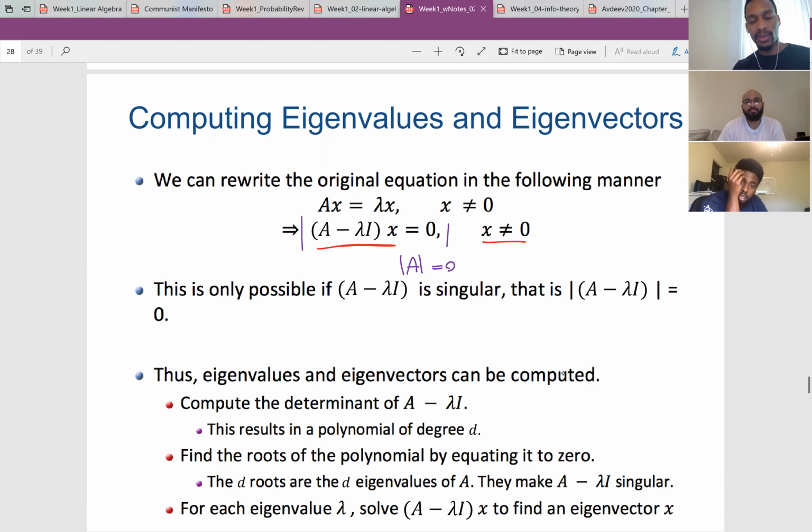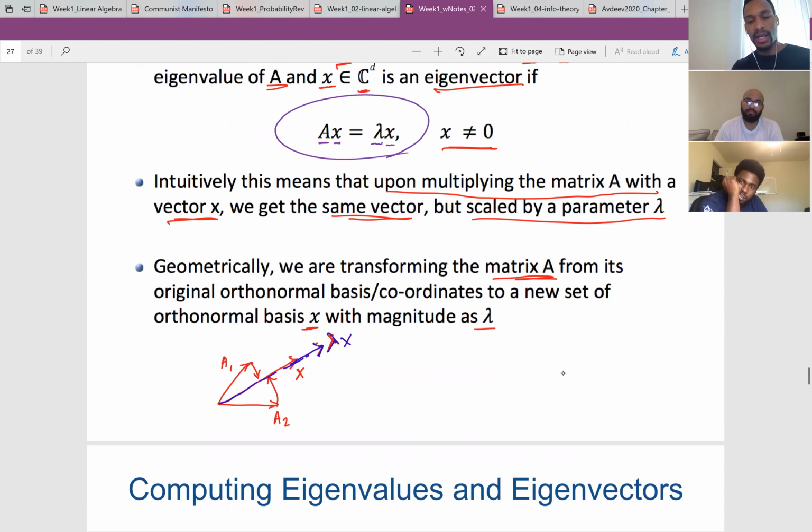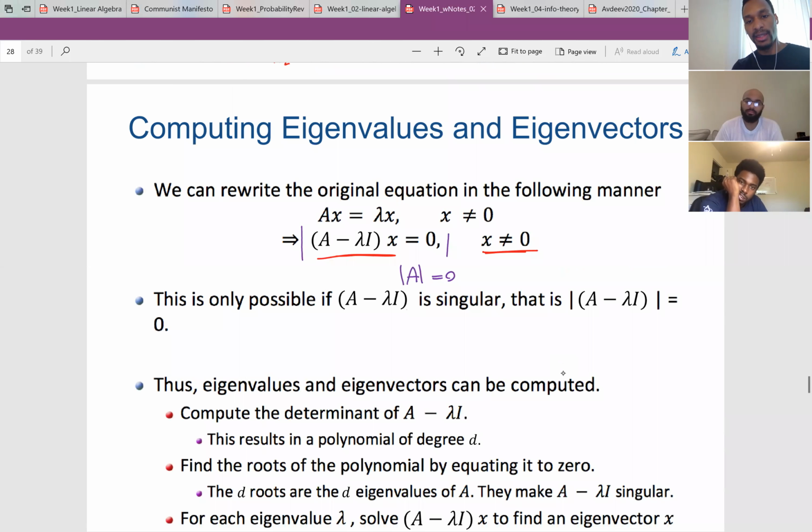And you know that X is not equal to 0, because that's part of the definition of the eigenvectors here. And so this is in the null space. Well, don't worry about null space. This times X is going to be equal to 0, and the only way that this times X is equal to 0 is if it's singular. And that means it's not invertible.